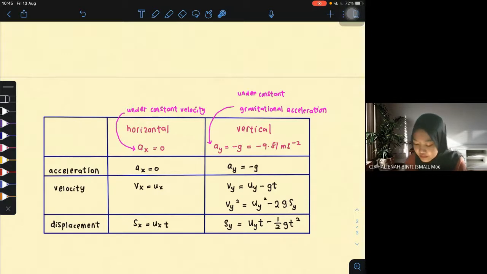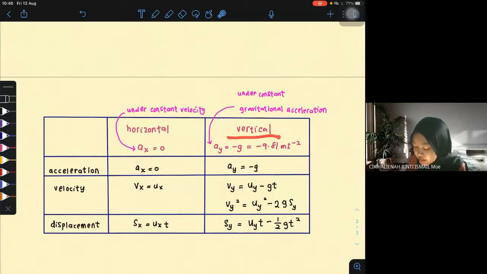As I mentioned earlier, we have horizontal and vertical, because a projectile happens at the same time: horizontal and vertical displacement happen in the same time. In horizontal, as I mentioned, it is a constant velocity, which means the acceleration is always equal to 0, because horizontally it goes to the right or to the left, so we don't have acceleration here.